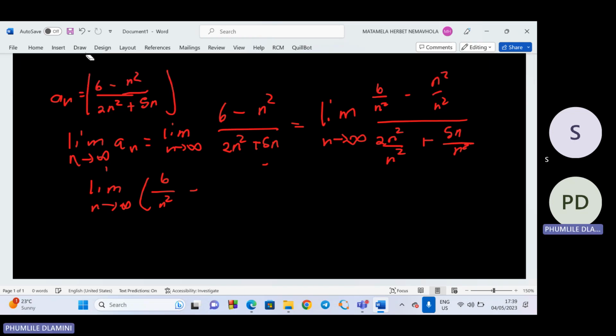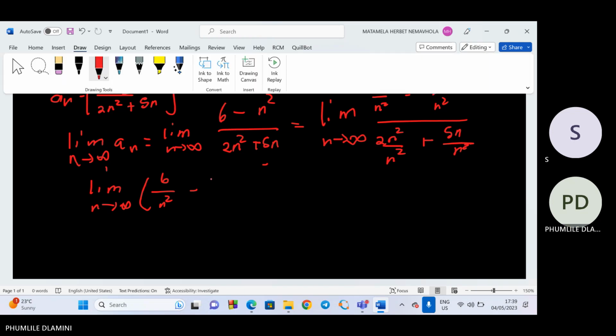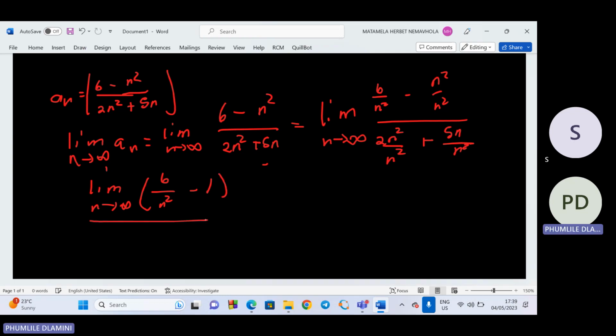So we can just write 1 there, over 2n squared divided by n squared, which is 2, plus 5 over n.